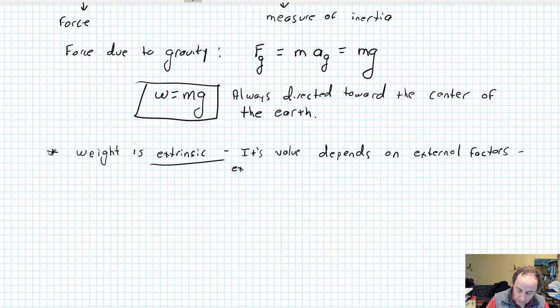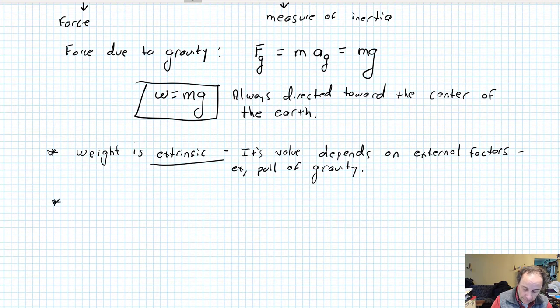For example, the pull of gravity. Okay, so weight measures the pull of gravity on a body.